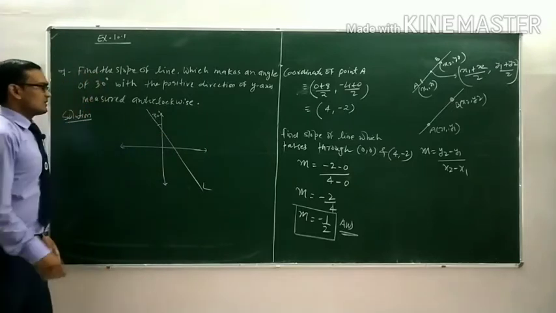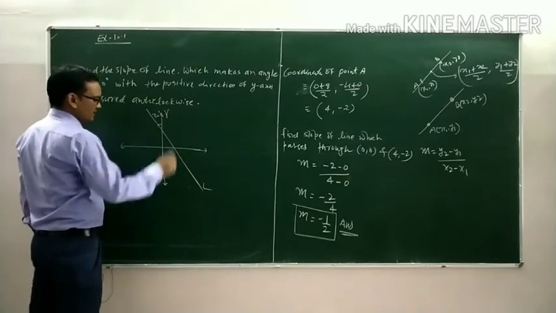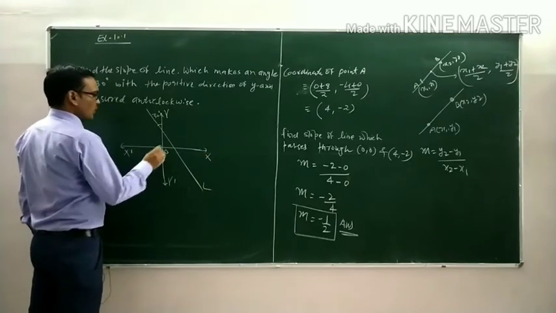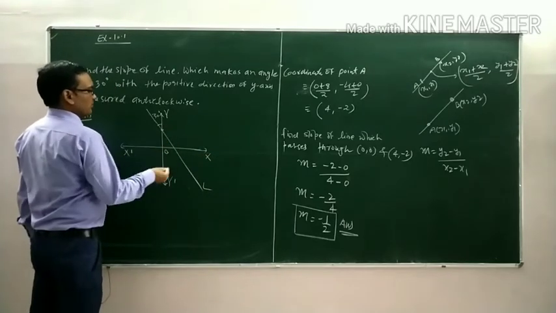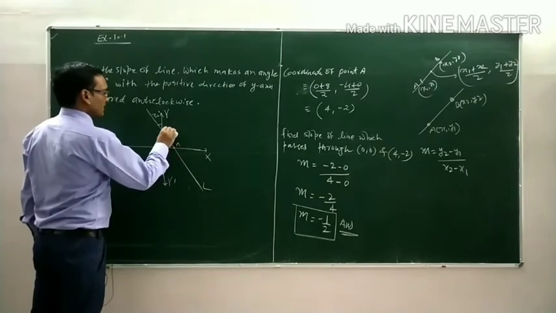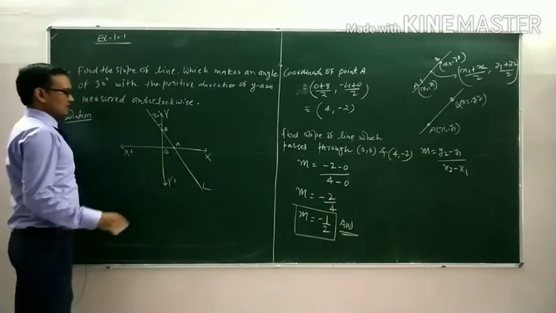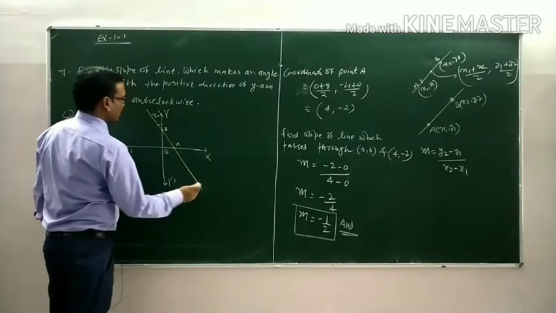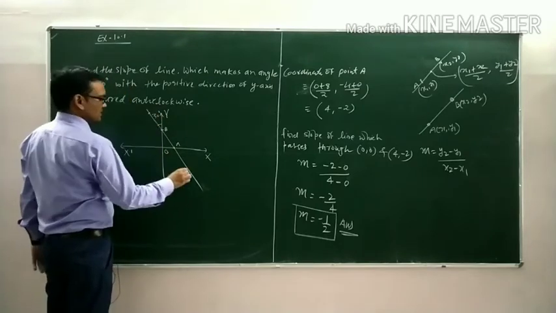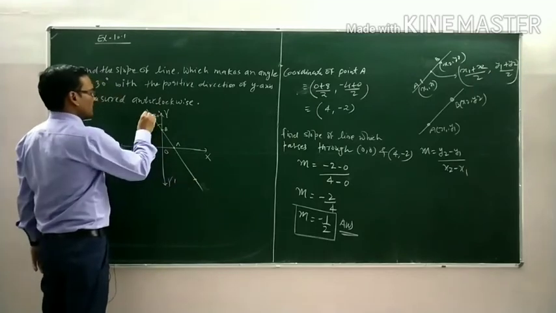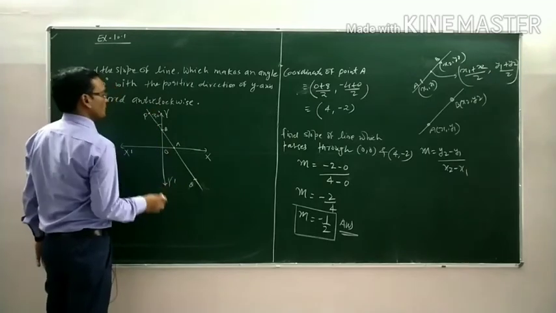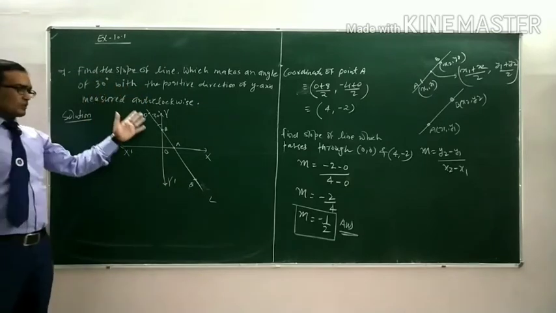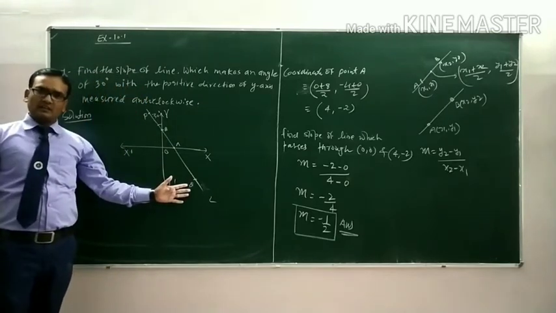That means if we take y dash, x dash, O, here point A and here point B, and this is line L, let it meet at P and Q. We find the slope of the line L.